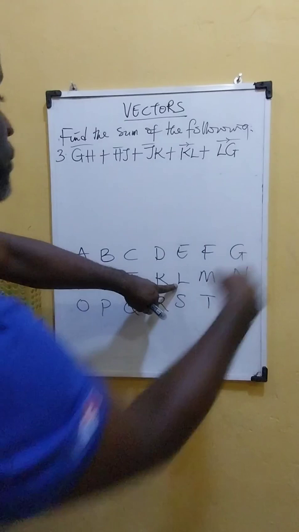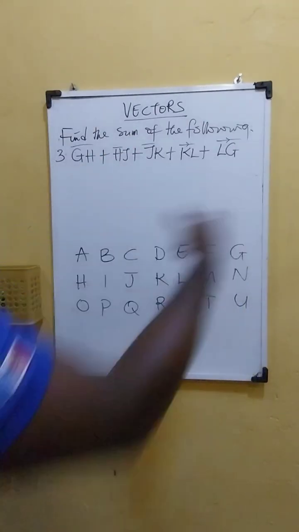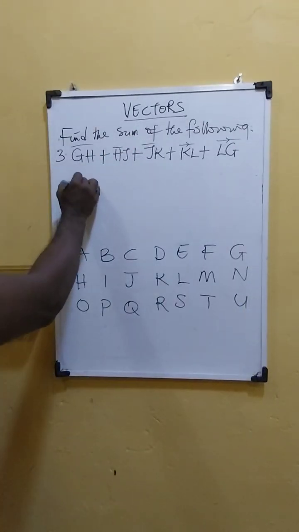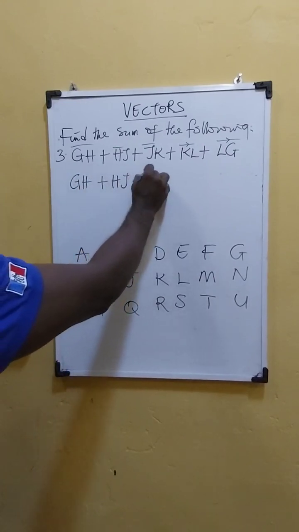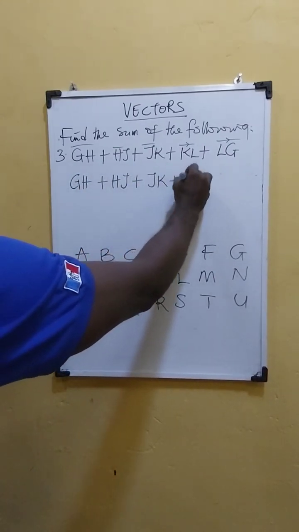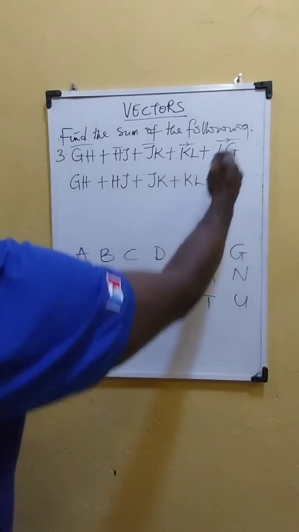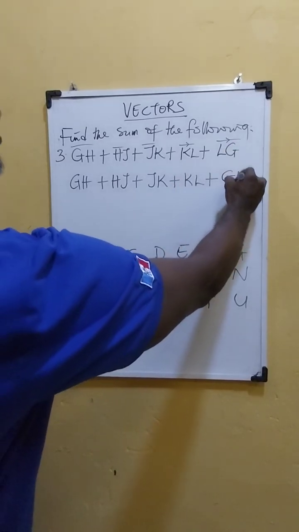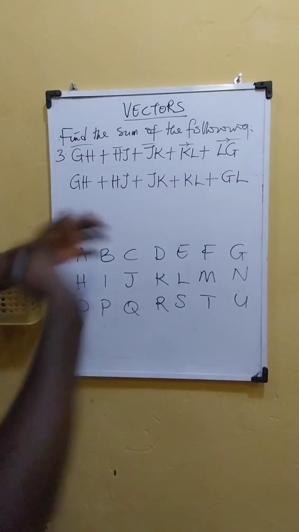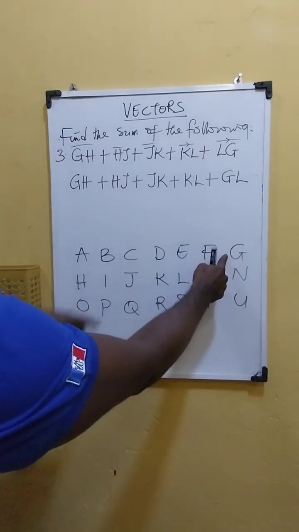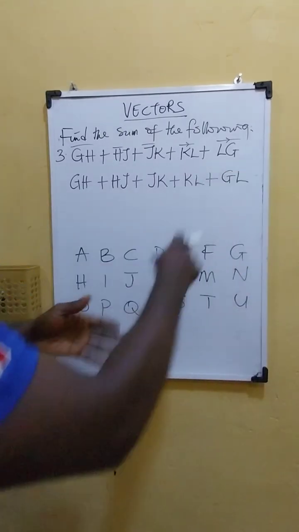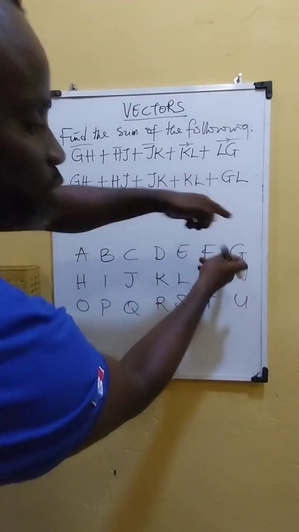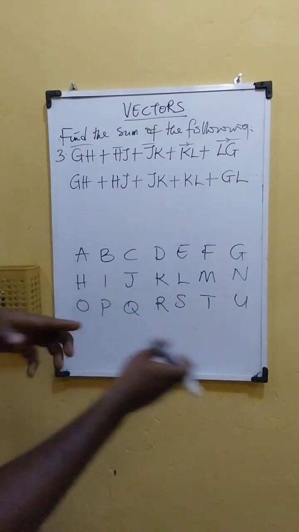So GH plus HJ plus JK plus KL plus, this is now going to be GL, because it is not in order. It's not supposed to go LG. It's supposed to come GL. Are you following that now?